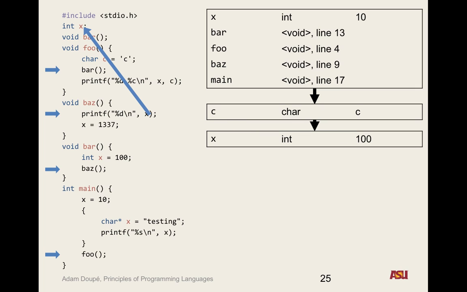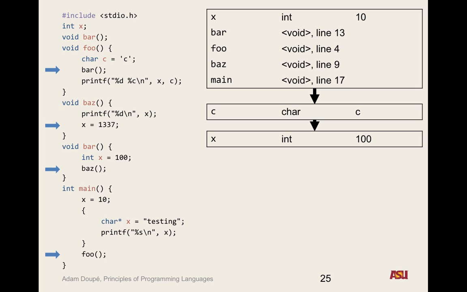And it's not referring, like we did statically, to this global X, because the global X is actually shadowed by that declaration of X in bar. So this shadowing happens dynamically, but now we can't actually refer to that global X.